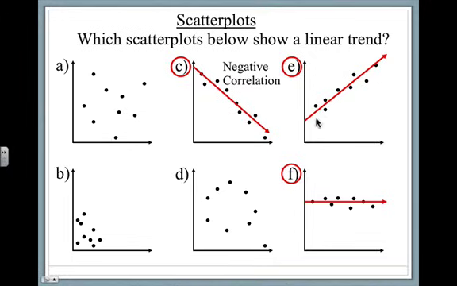And this one, as one variable increases, the other increases as well. So this would be positive correlation. And since there is really, as one increases, the other variable stays constant, this is called constant correlation.